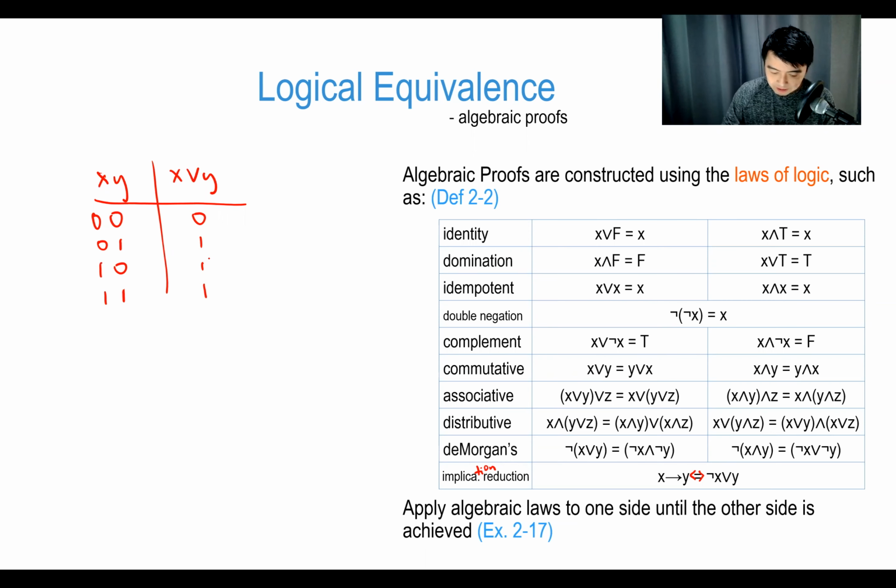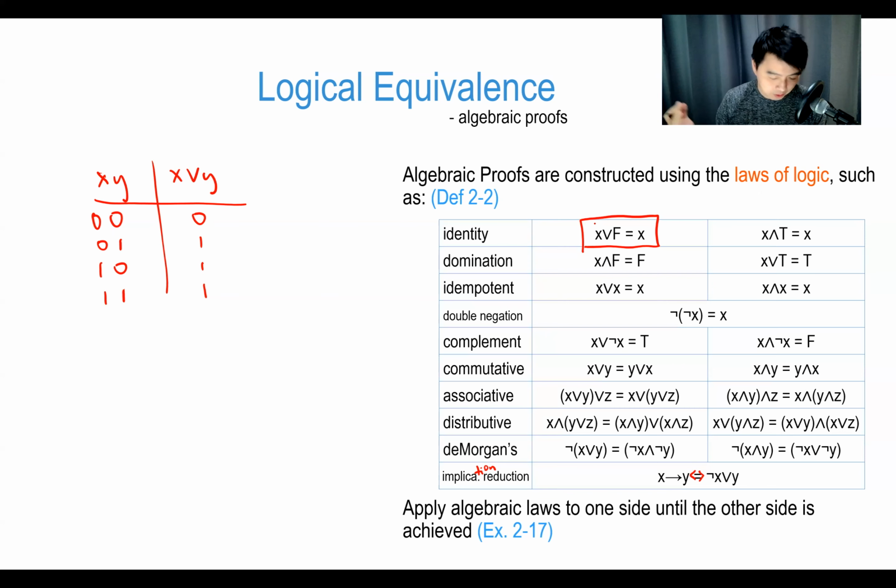Now, if you take a look at the first identity law, this one right here, it states that when I OR an X with something that is false, an expression that is always false, it is equal to X. What are we saying here? Well, in the table, we're saying that Y is never true, is never equal to 1.